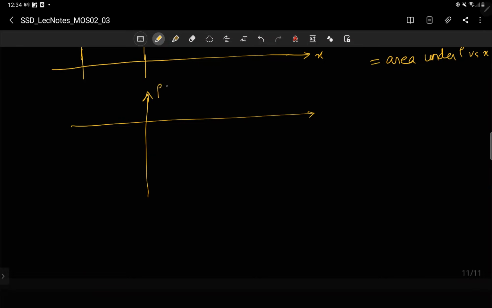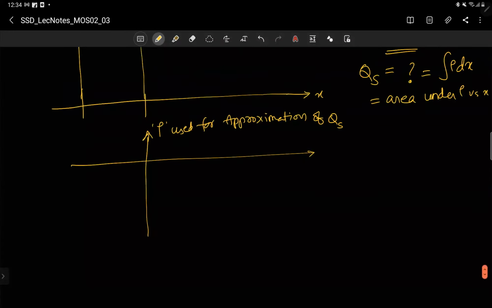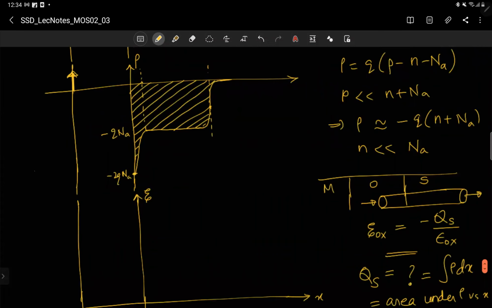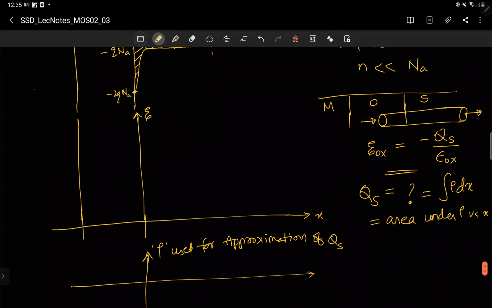Rho is used for approximating Qs, because we are not approximating rho. Remember, we are approximating area. What we want is Qs, which is the integral of rho dx. It is sufficient if we can make the approximation on the integral of rho dx itself.